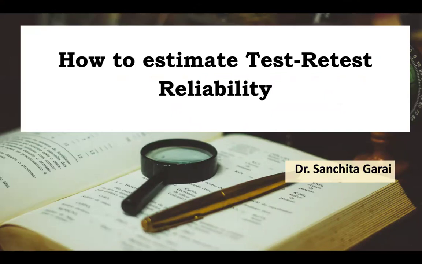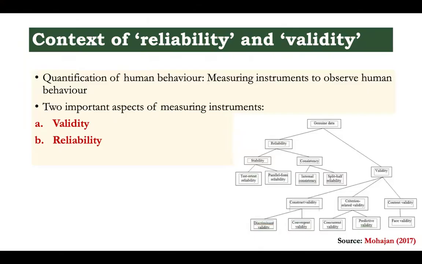Good morning everyone. Today we'll learn how to estimate test-retest reliability. We know what reliability is. Reliability is the consistency of any measuring instrument when quantifying human behavior, that is, measuring instruments used to observe human behavior.